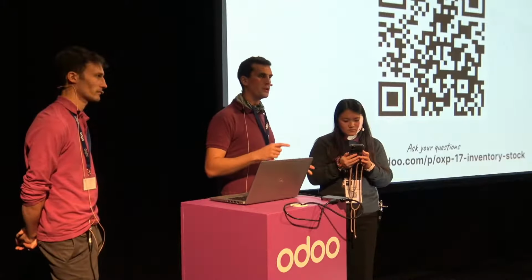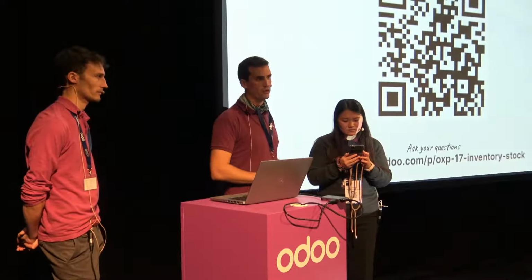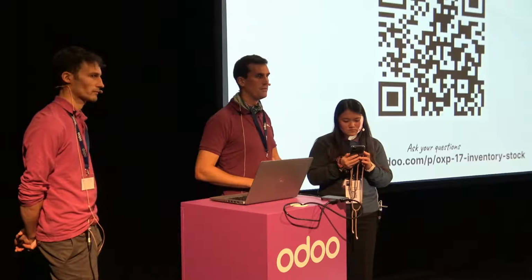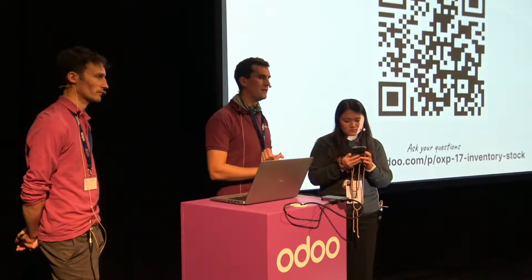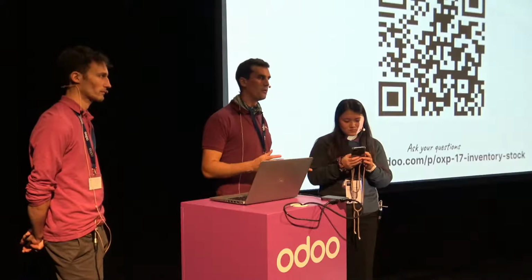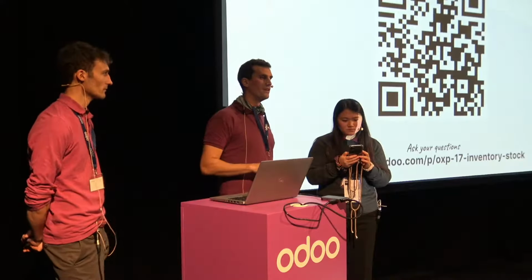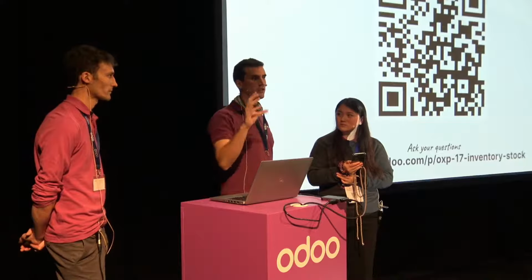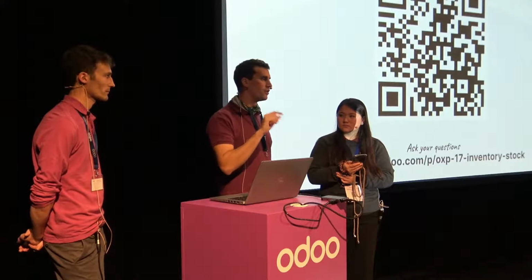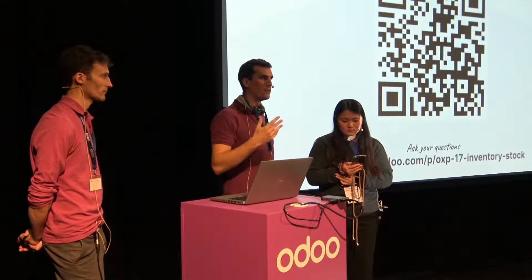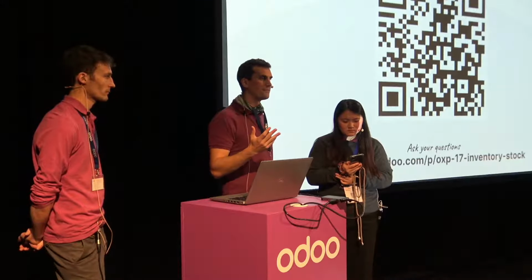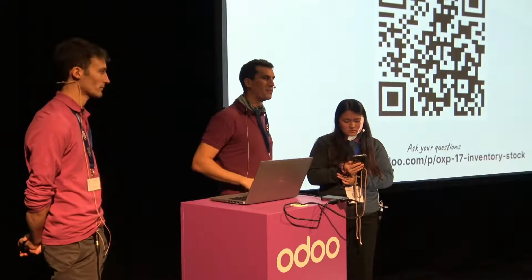So you can say in the order point that I will use the manufacture route. The route is also applicable on the product and product category. So on the product form page, you have all the routes, if the route is applicable by product, and you can check on the product the route you want. After that, there is the warehouse level. So all the routes that are applicable in that warehouse.